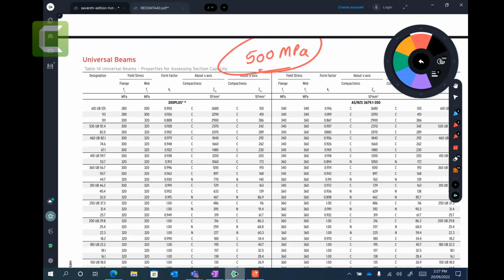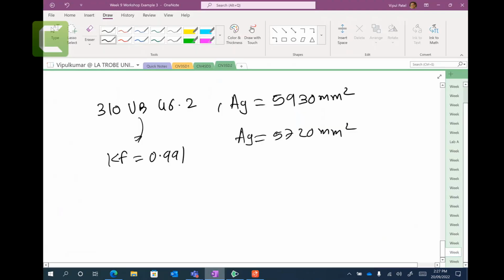Gross area is there. Yield strength for 46.2 is 300.